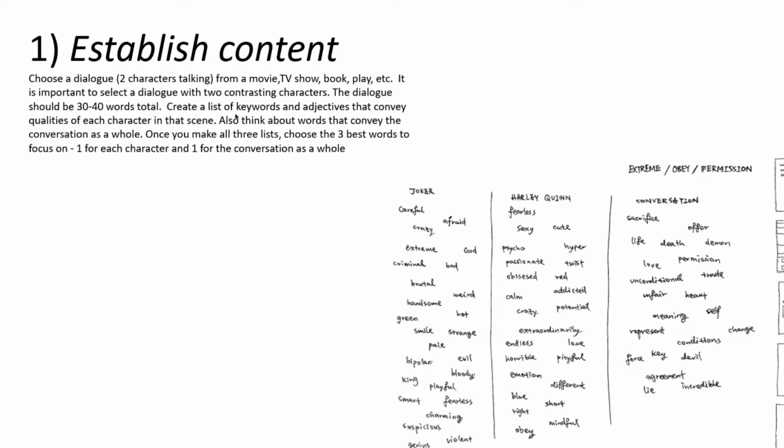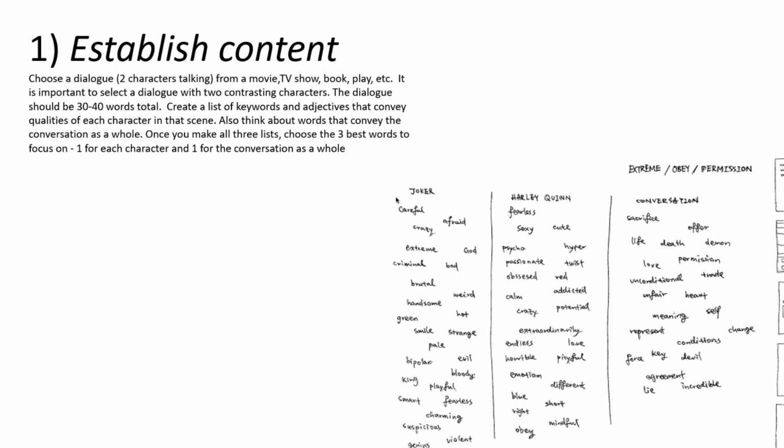And then you're going to create a list of keywords and adjectives that convey qualities of each character in that scene. Also think about words that convey the conversation as a whole. Use the 3 best words to focus on, one for each character and one for the conversation as a whole.